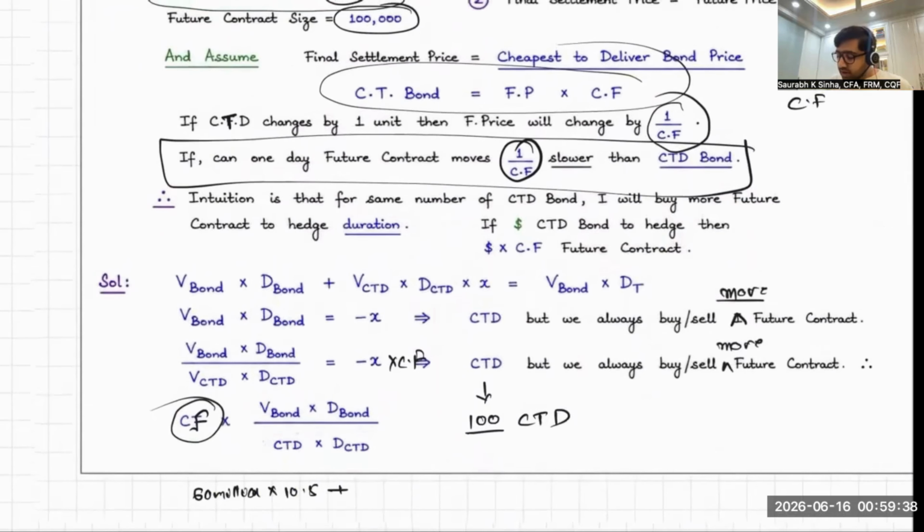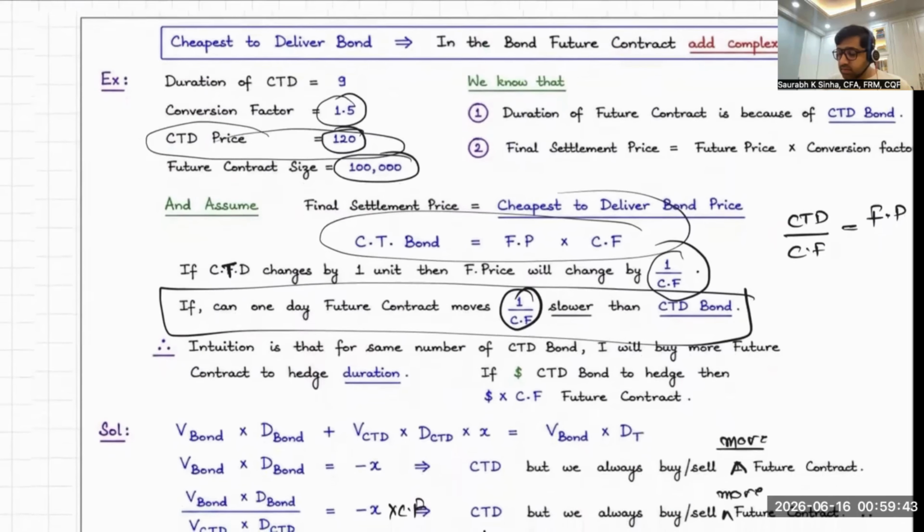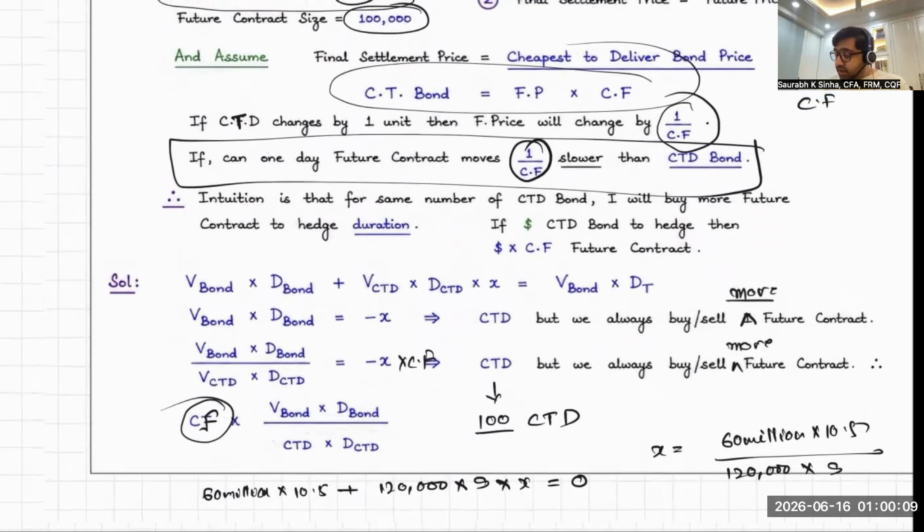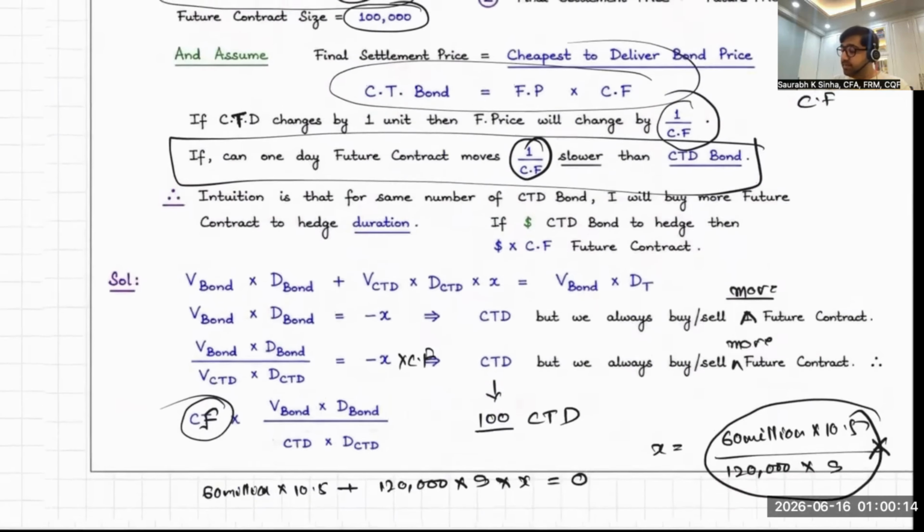So it would be 120,000 into the duration of the cheapest to deliver bond into x equal to 0. If you are trying to reduce the duration to 0, then you will find x, which would be 60 million into 10.5 divided by $120,000 into 9. But after that, you have to multiply with the conversion factor, that is 1.5.